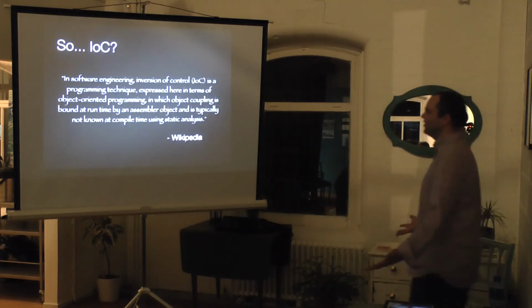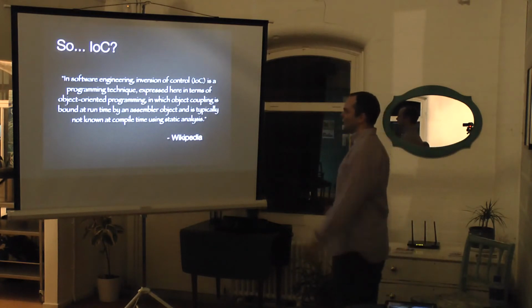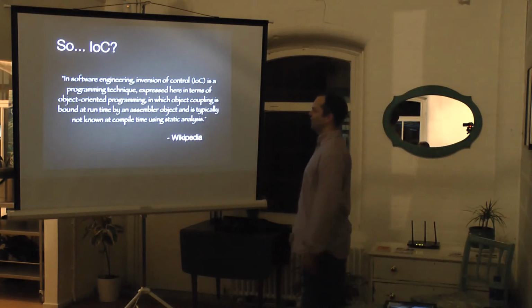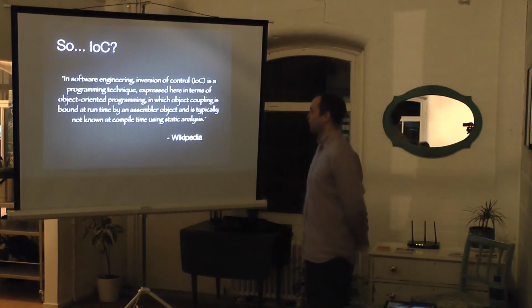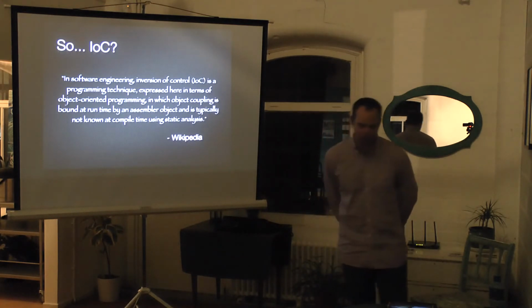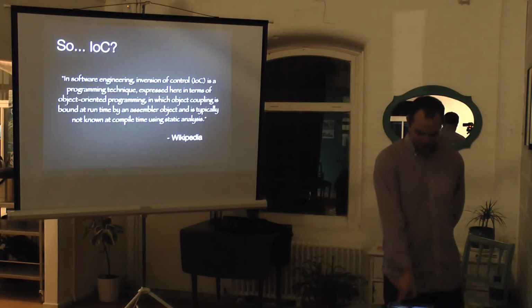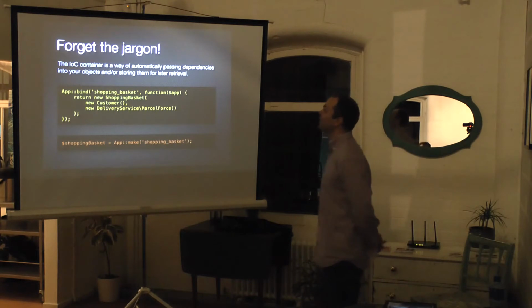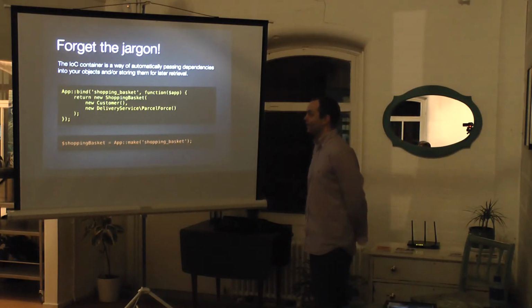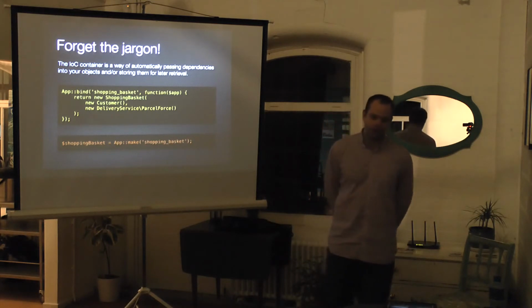So what is IOC? In software engineering, inversion of control is a programming technique expressed here in terms of object-oriented programming, in which object... It's from Wikipedia. Don't worry too much about the jargon behind it. In Laravel, the IOC container is a way of automatically passing dependencies into your objects and storing them for later retrieval.